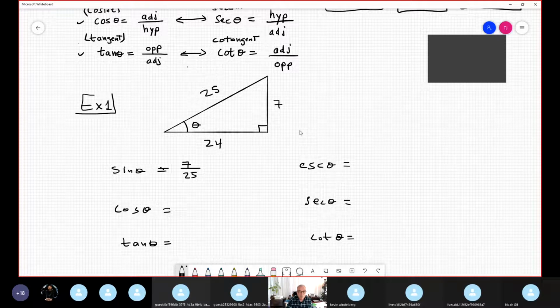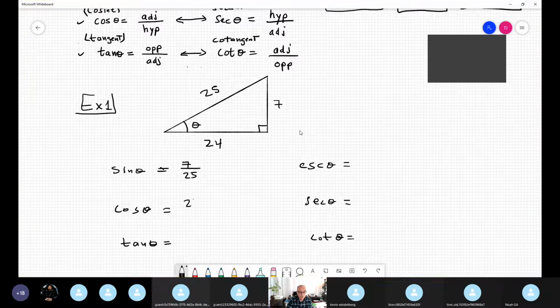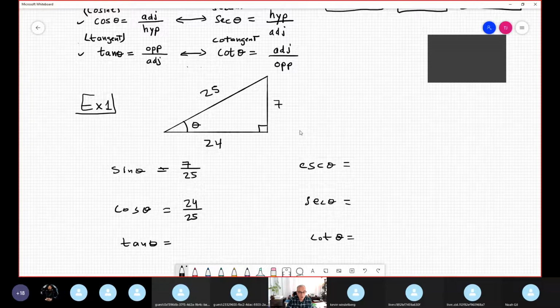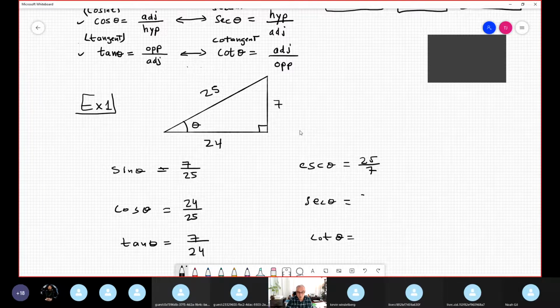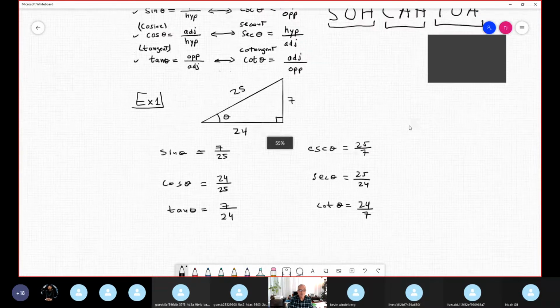Make sense? Cosine is 24 over 25, adjacent divided by hypotenuse. Tangent is opposite divided by adjacent. This is the reciprocal of this, this is the reciprocal of this, and this is the reciprocal of this. End of the story. Super clear?